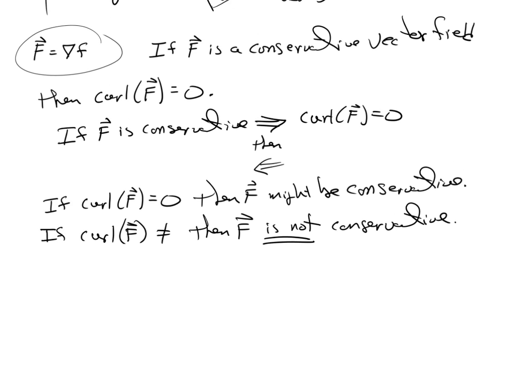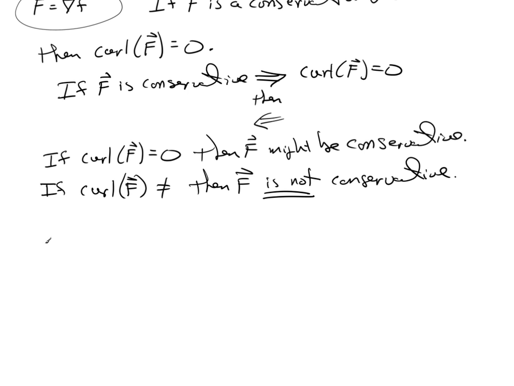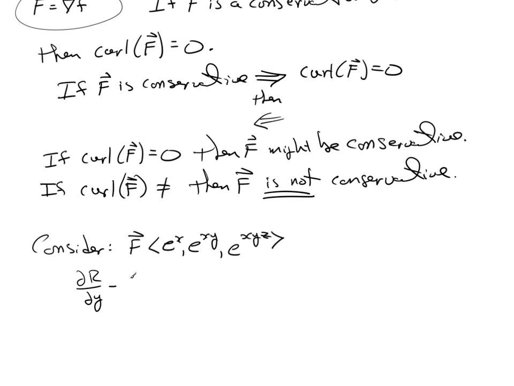Let's take a look at a quick example here. Let's just consider the vector field e to the x, e to the xy, e to the xyz. What I want to do is find the curl of this. I'm trying to figure out whether this thing is conservative or not. So what I need is the partial of R with respect to y minus the partial of Q with respect to z, i.